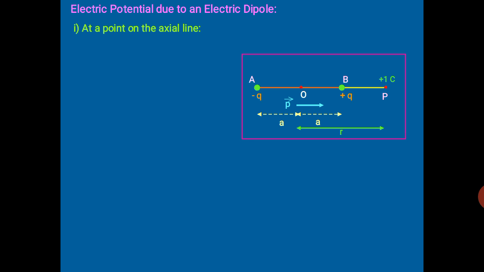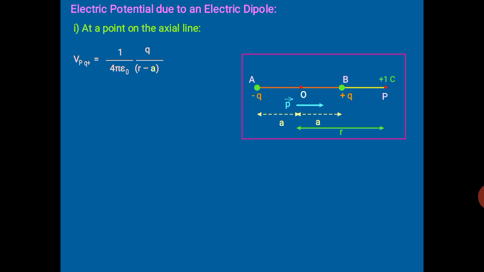Okay, so now here we are getting two potentials. Electric potential due to charge plus q, which is placed at B. Now you have to use the same relation, V equal to 1 upon 4 pi epsilon naught q divided by distance, but here the distance is r minus a.